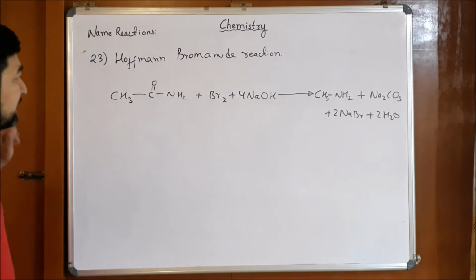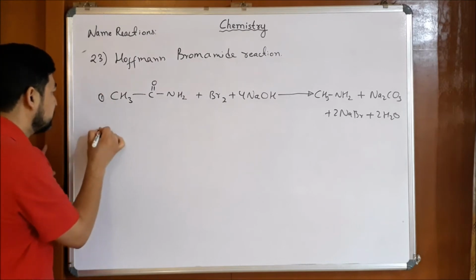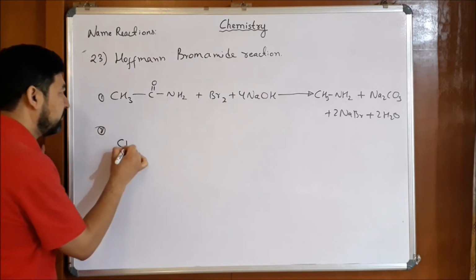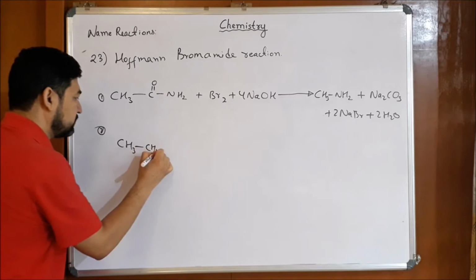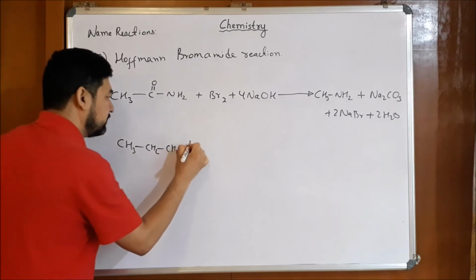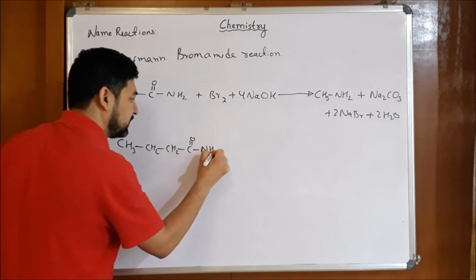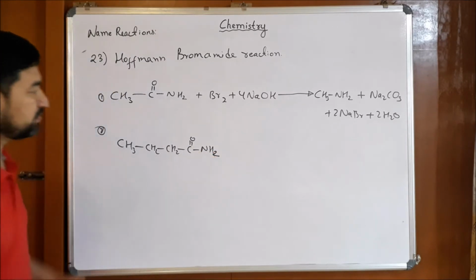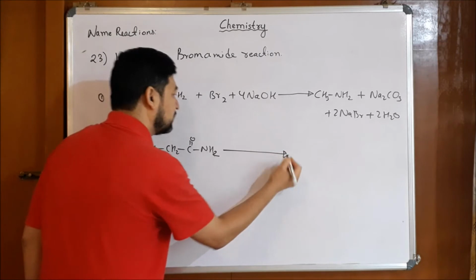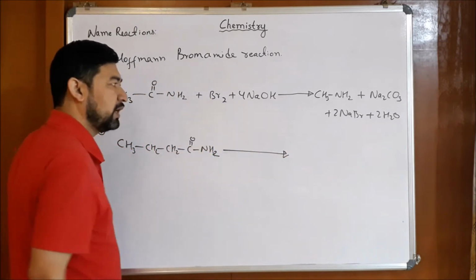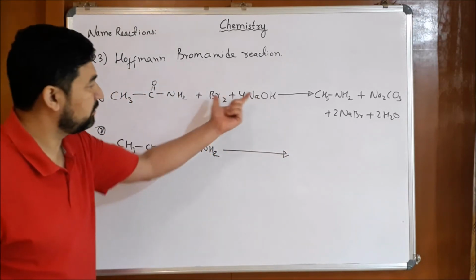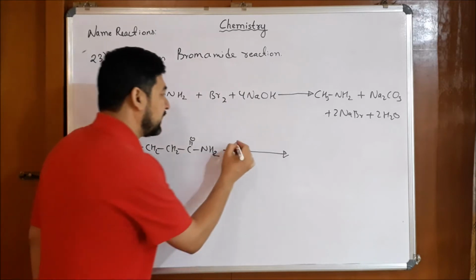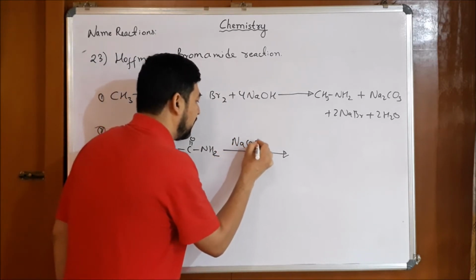I'll take one more example. Example number 2. Suppose we have CH3CH2C double bond O NH2, another amide. When it reacts with Br2 and NaOH, instead of Br2 and NaOH, sometimes it can be written as NaOBr.